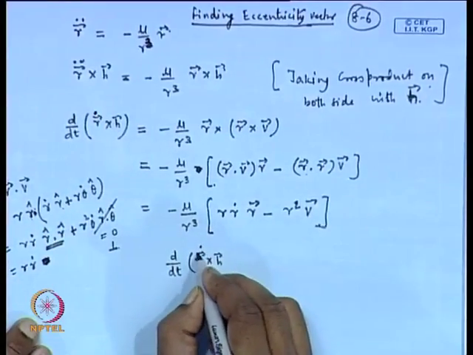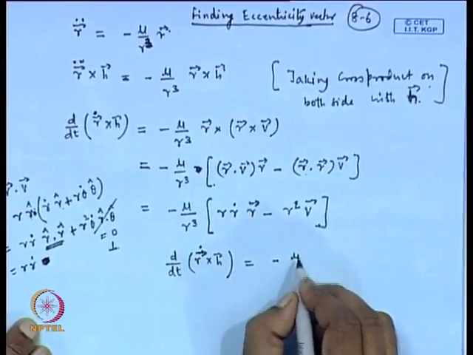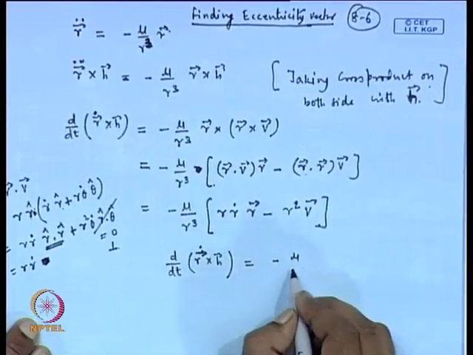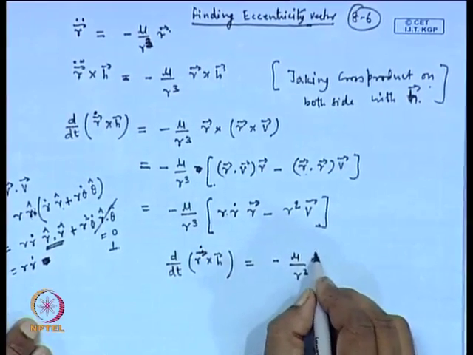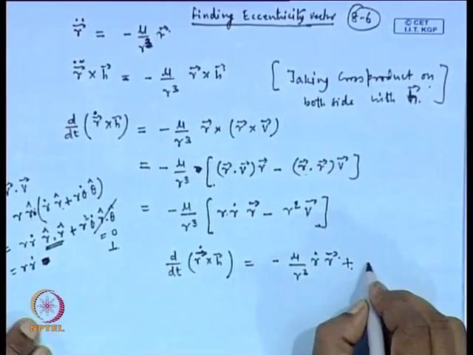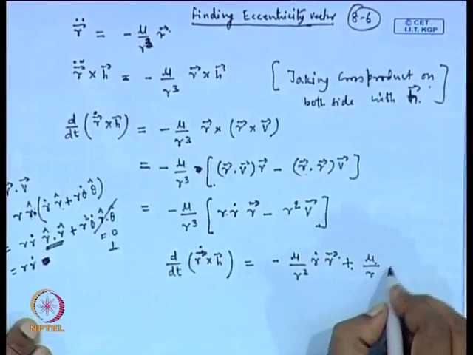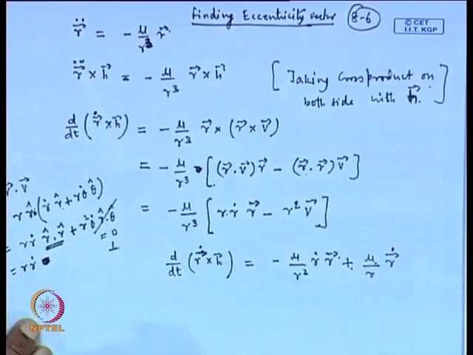So, r dot cross h is equal to minus mu by r square times r dot r, plus mu by r times v, which is nothing but r dot. So, we write it in this way.